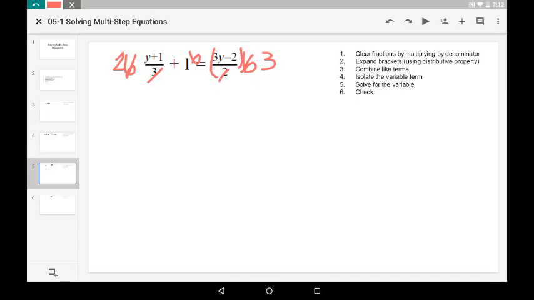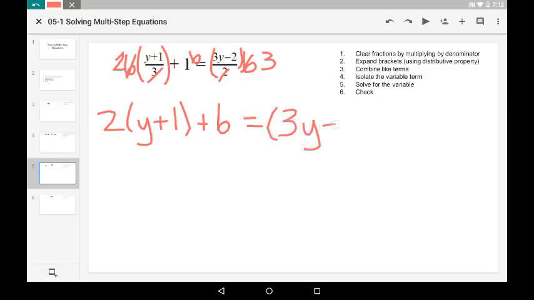So, sorry, on the first one, we'll have 2 times y plus 1, because 2 is multiplied by this entire thing. Then we have plus 1 times 6 is 6. And on the other side, we have this term, 3y minus 2, all multiplied by 3.